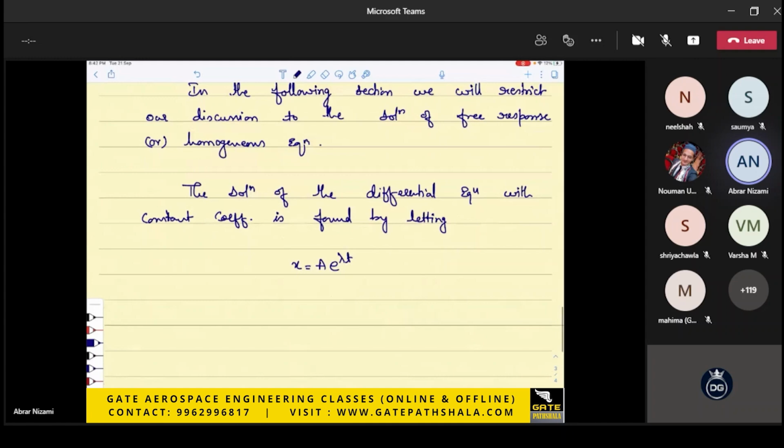So x dot, if I take the derivative dx by dt, I get a lambda e power lambda t. And if I find the double derivative of x, I get a lambda square e power lambda t.